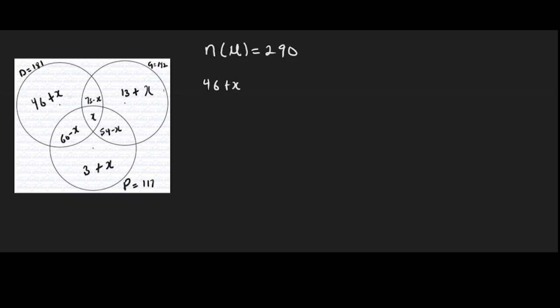It is going to be 46 plus x, that is for Daily Times only, plus the Guardian only, plus the Punch only, plus Daily Times and the Guardian, 75 minus x, plus Daily Times and Punch, 60 minus x, plus Guardian and Punch, 54 minus x, plus x, which is for those that read the 3 papers, equals 290.